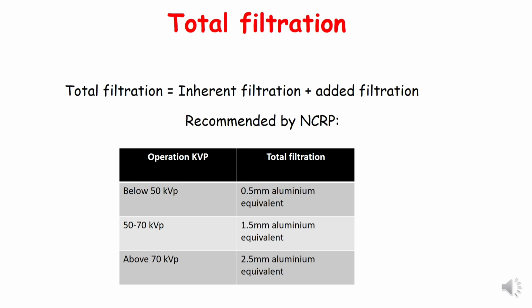So according to this, if the machine is operating below 50 kVp, a total of 0.5 mm aluminum equivalent thickness is required. And if the machine is working at 50 to 70 kVp, a total of 1.5 mm aluminum equivalent is required. And if the machine is working above 70 kVp, a total of 2.5 mm aluminum equivalent is required.